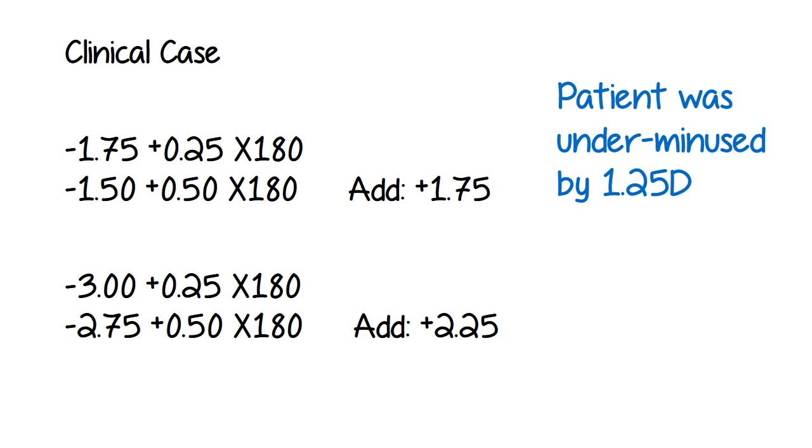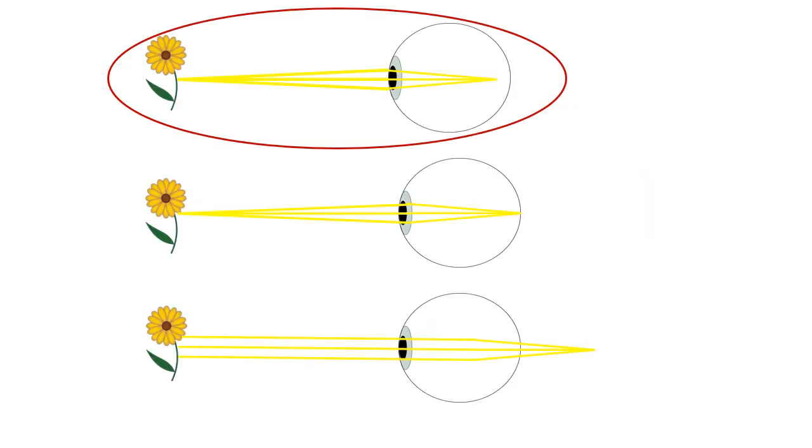So before, the patient was under minused by 1 1/4 diopters. Okay? He already had that much converging power. Think of the picture of the cross section of the eye. He was under minused.